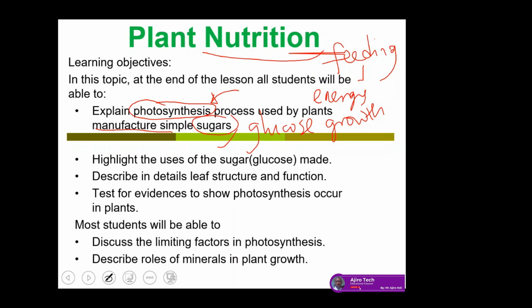We'll also talk about some basic tests, evidences showing that photosynthesis occurs in plants. Then there's this aspect of limiting factors that can affect the rate at which photosynthesis occurs in plants. Okay, let's see how much we can do.